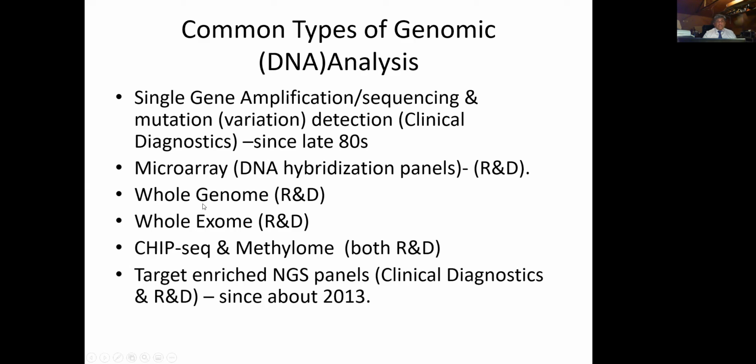These are namely the whole genome, the whole exome, ChIP-seq and methylome, which are, as I said, mainly in the R&D arena. However, the targeted enriched panels, which I'm going to talk about, are becoming more commonplace in clinical diagnostics. It can still be used in an R&D setting, but the main use is for clinical diagnostics, and that's been possible since about 2013.